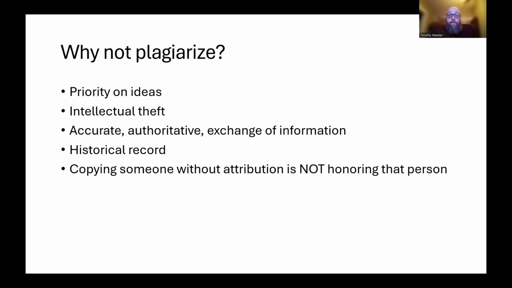Copying someone without attribution is not honoring that person. Now, if you want to honor that person, you can attribute that and you can copy it. But you need to have attribution at minimum, and it should be in quotes if it's not your own language.